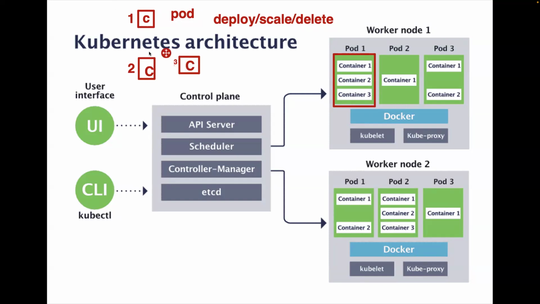So you can scale the pods. Also, let's suppose your pod has two containers. When you scale it, you'll get another pod created with two. So this is the basic unit of pod.